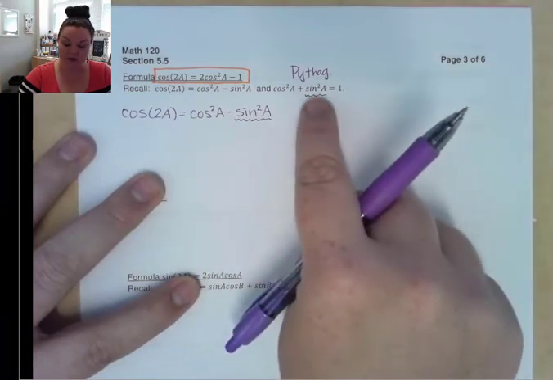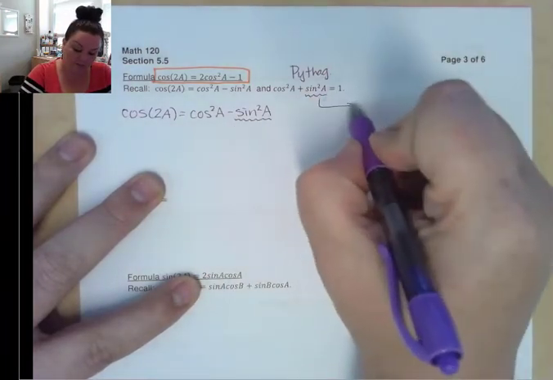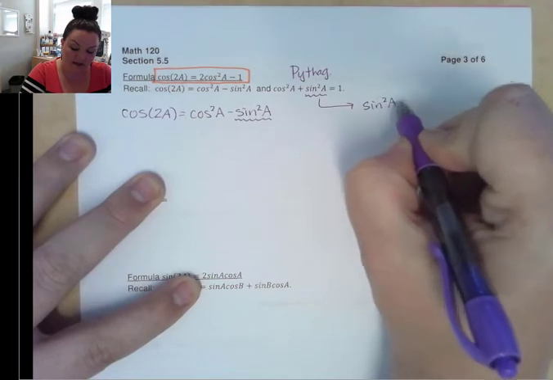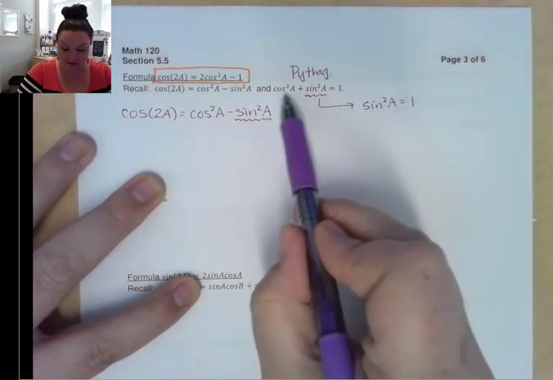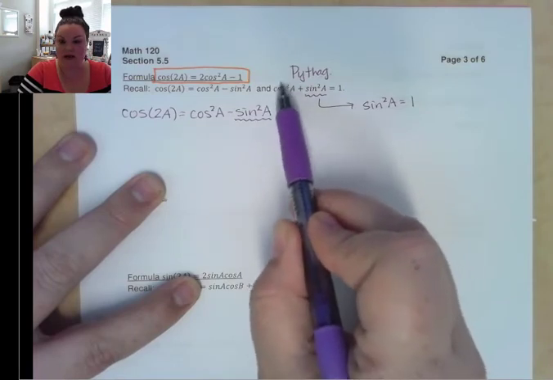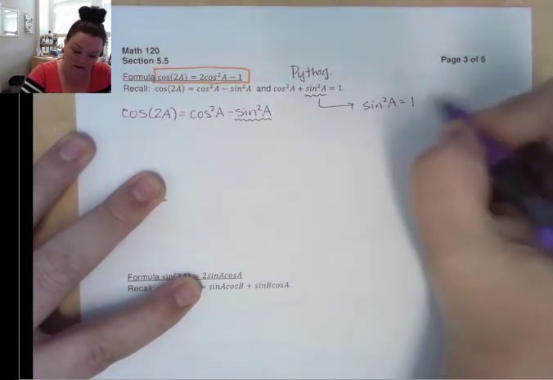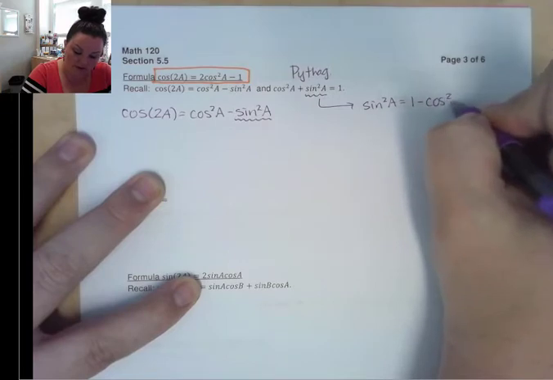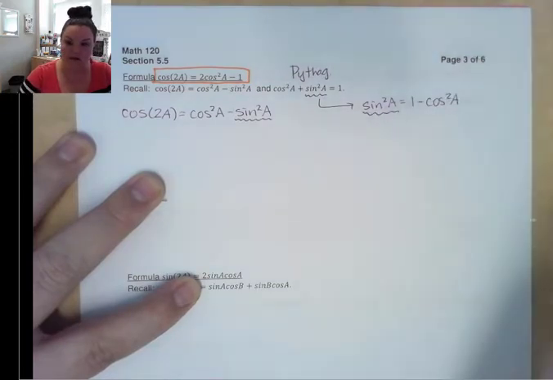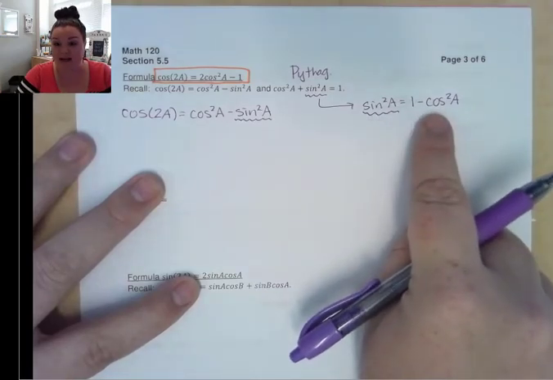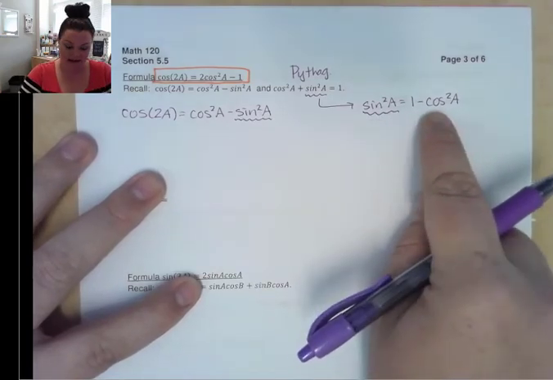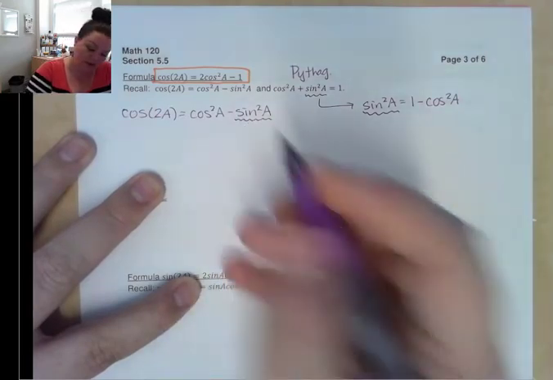So to get sine squared a by itself, I already have the 1 on the other side, right? But I would need to move this cosine squared a to the other side by subtracting. So minus cosine squared a. So I'm going to take the sine squared a, which I know to be 1 minus cosine squared a, and replace it in my formula here.